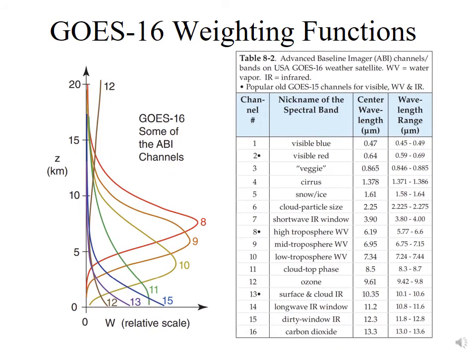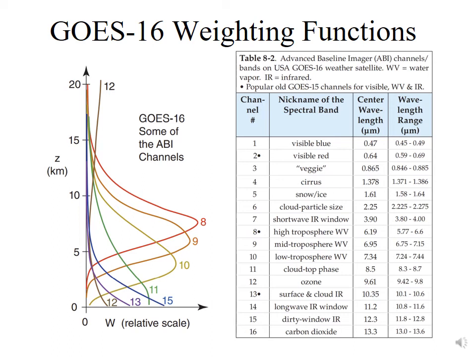So let's take a look at the weighting functions from the current GOES-16 geostationary satellite. They have many different radiometers on the GOES-16 satellite, with 16 channels, so they're basically measuring the passive radiation in each of these wavelength ranges.